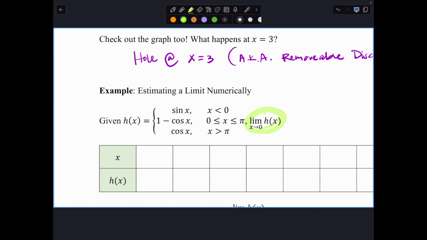And then to get the and, you're going to hit second math, and then you'll arrow over to logic. Okay, and then x less than or equal to pi, and then cosine of x for x strictly greater than pi.